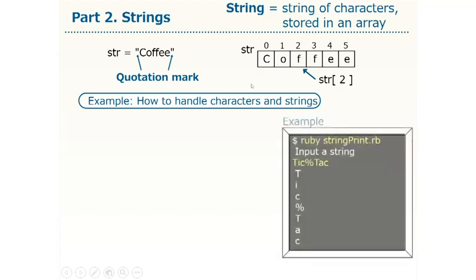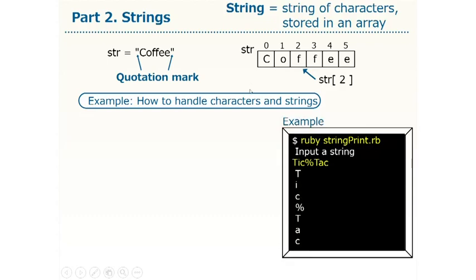Suppose we have created a program called string print.rb, as I will show you later. Let's try running the program. It asks you to put in a string. Then assume that you type in this string, TIC%TAC, and press the Enter key.